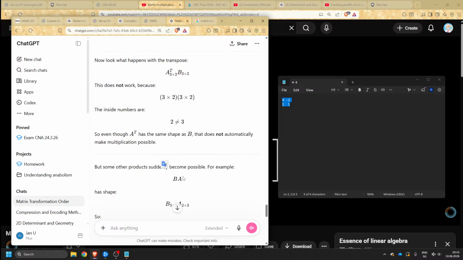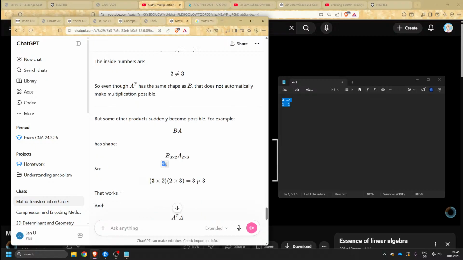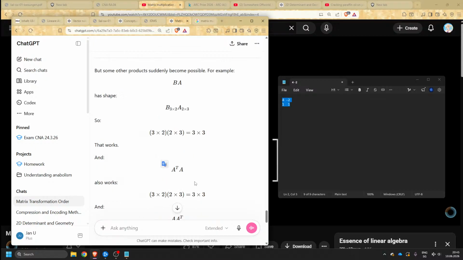Doesn't it become possible for, if it has the shape of 3 by 2 and 2 by 3, would be perfect, and the transpose of it.